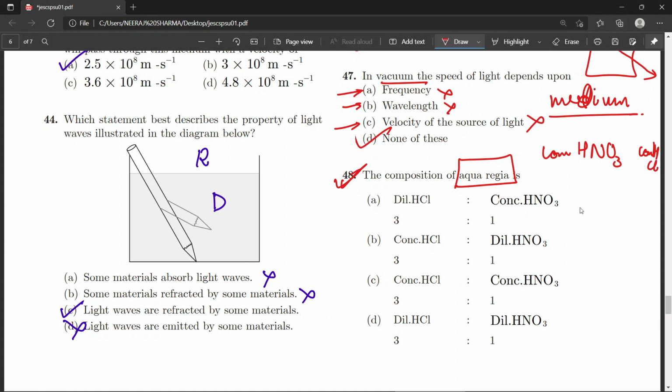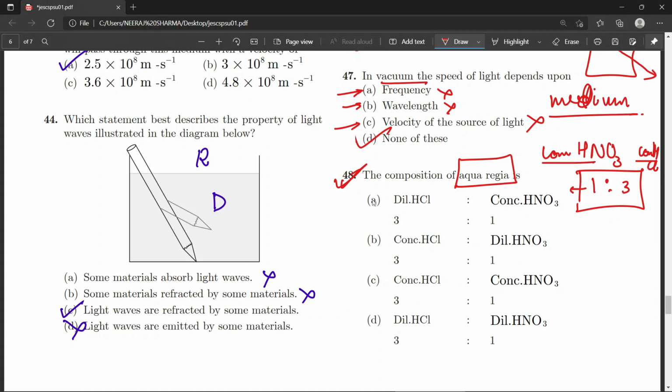Both are concentrated, and the ratio is always 1:3. All right, it is always 1:3. So, concentrated nitric acid is 1 part and 3 parts are concentrated hydrochloric acid.